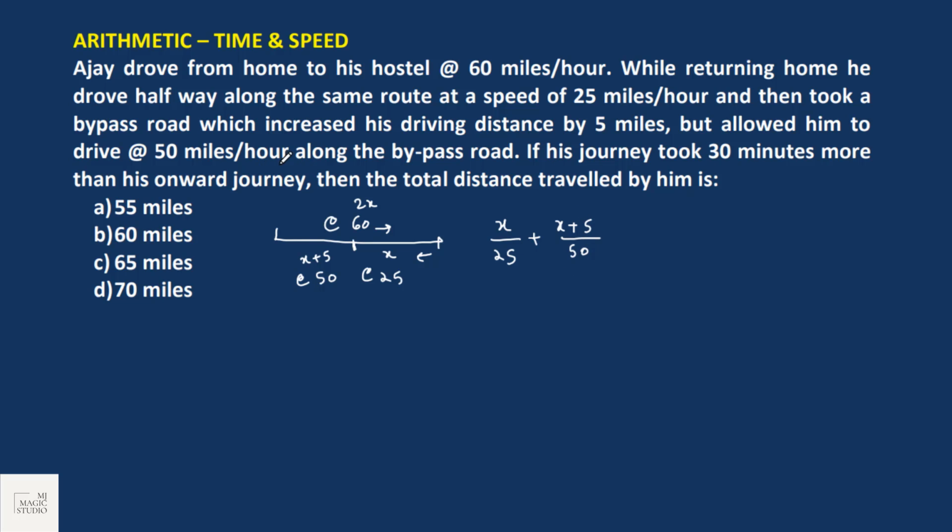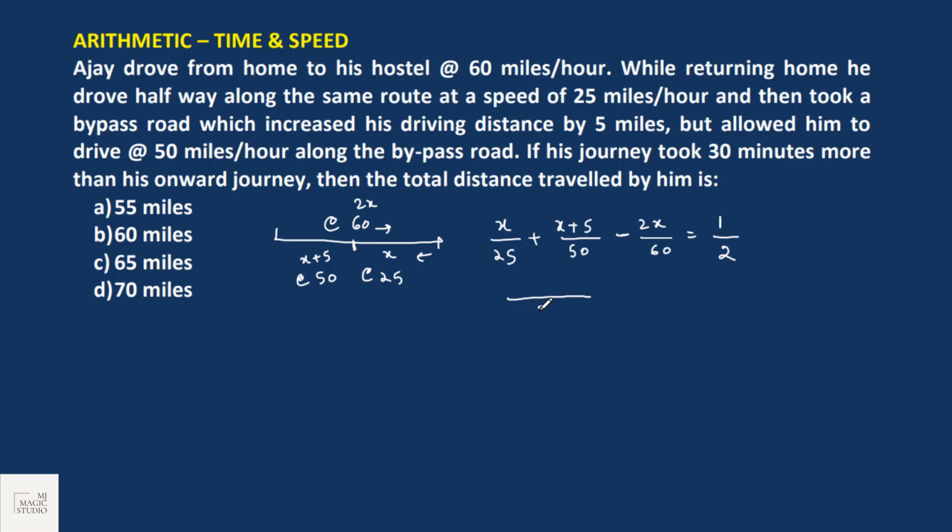And this time is 30 minutes more than the actual time he had taken while coming from home to his hostel. So minus 2x by 60, this will be 30 minutes. 30 minutes would be half hour because all calculations are in hours.